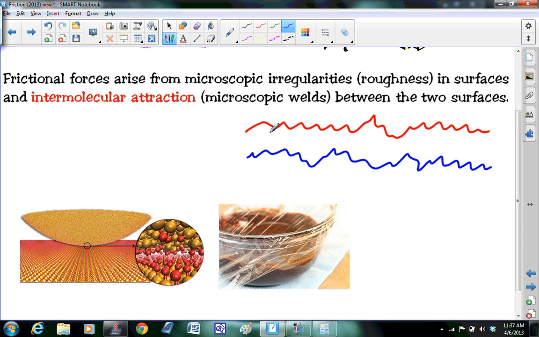So we also have to remember these intermolecular bonds between various surfaces. So I'll label these as intermolecular bonds. They're temporary bonds. They only form for a few moments, but they're enough, in addition to roughness, to hinder the motion of an object.